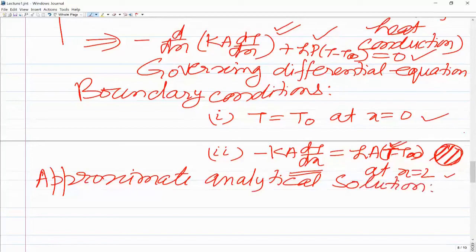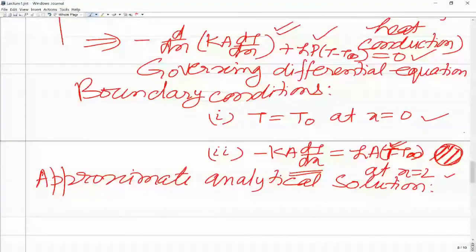Now, in the exact solution approaches, usually you try to find a solution which exactly satisfies the differential equations and boundary conditions. But in the approximate analytical solution, you are trying to find a solution which approximately satisfies at least the differential equations.